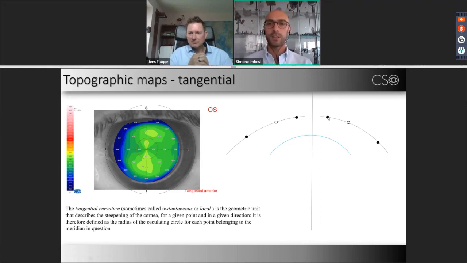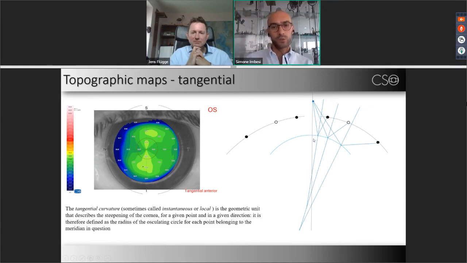And the only things that we need to know are the position of the mires on the placido disc, the position of the mires reflected by the cornea, and the working distance of the instrument. Knowing these three things, as you can see from the animation, the software, thanks to a ray tracing procedure, is able to detect the normal to the corneal surface.